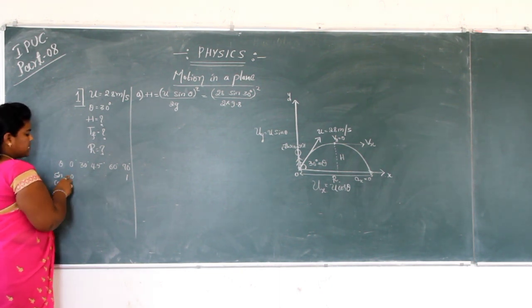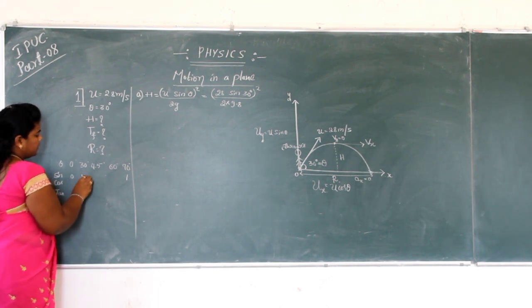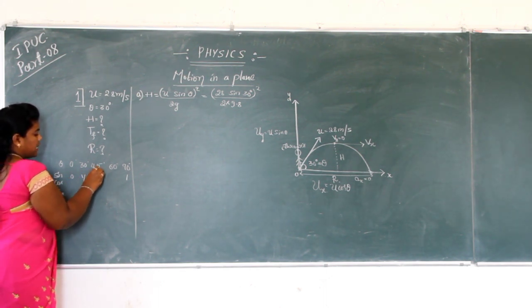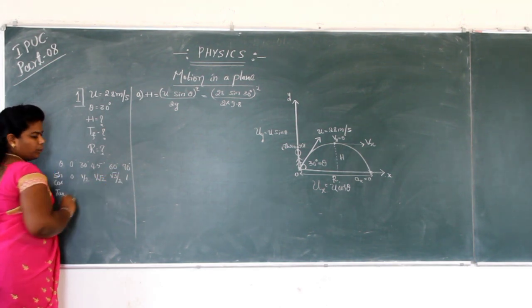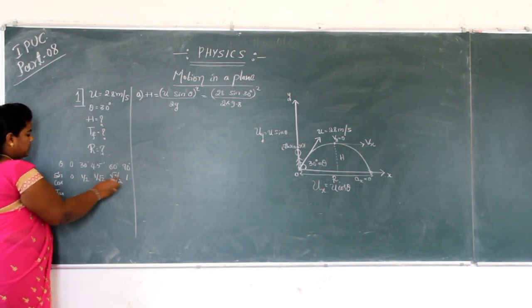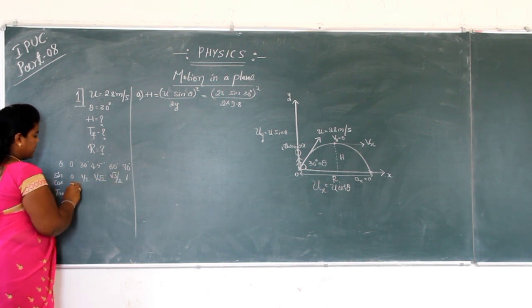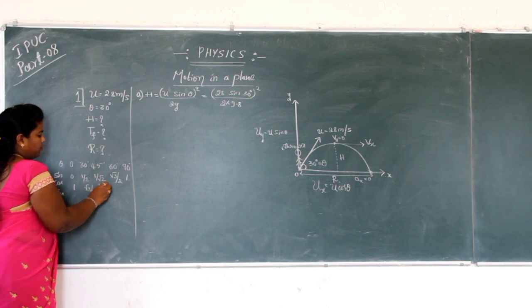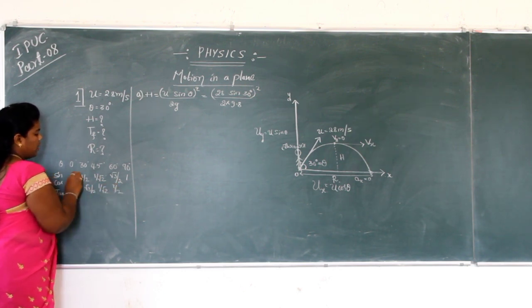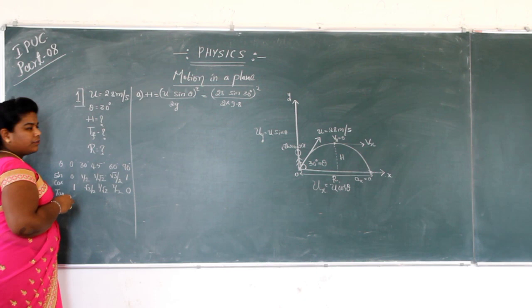Cos is the reverse of sin. So sin 30 is 1/2, sin 45 is 1/√2, sin 60 is √3/2. For cos, write it in reverse: 1, next 1 by root 2, next 1 by 2, next 0. So like this you should write.